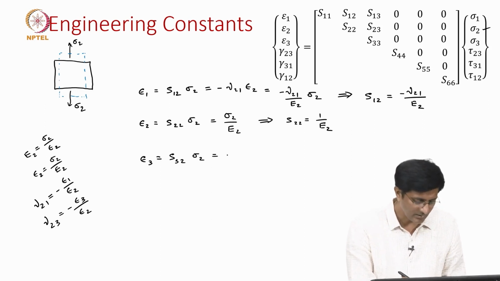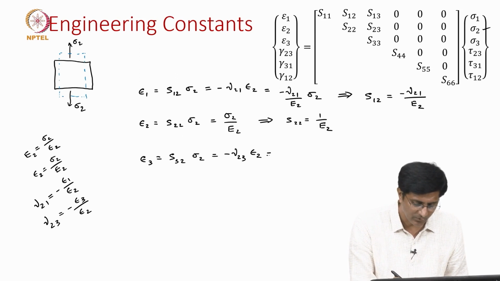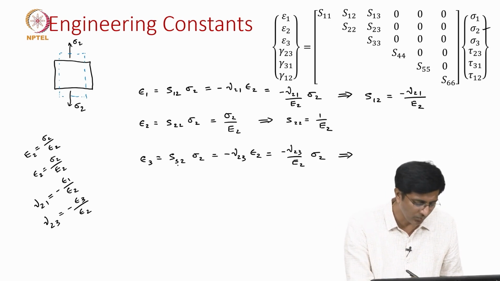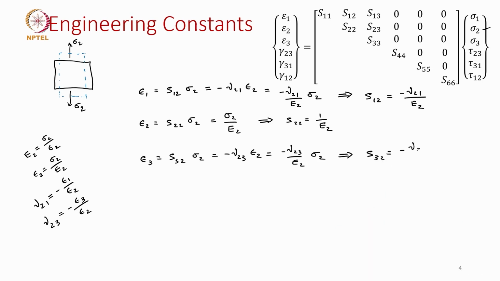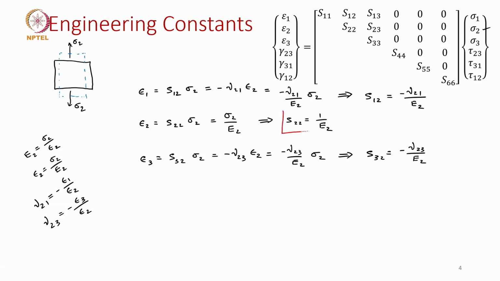I can write this as minus nu 23 times epsilon 2, and epsilon 2 I can write from the second equation, which is sigma 2 by E2. From this expression we find S32, which is minus nu 23 by E2. So now we are able to find 3 more constants: S22, S12 and S32.